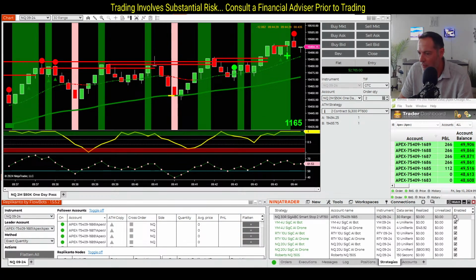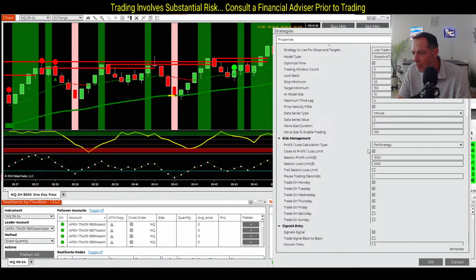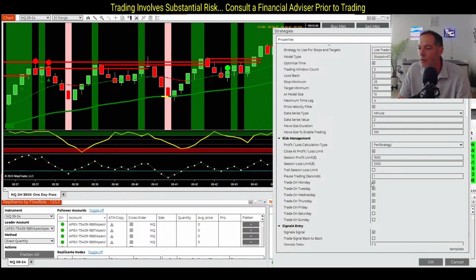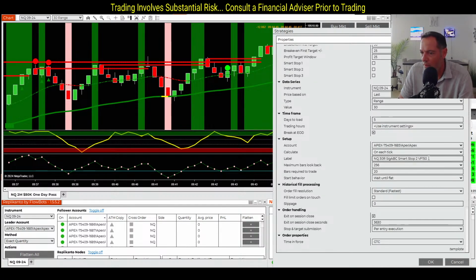Order filled. So right now I got it set at 100. I'm going to go down and modify my little label down here. I was using 150 yesterday, but I'm going to use 100 today so we get in more trades.